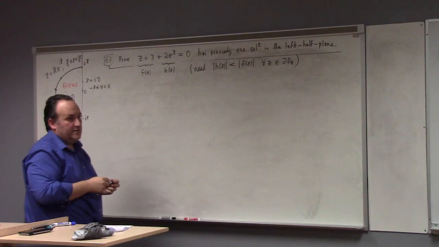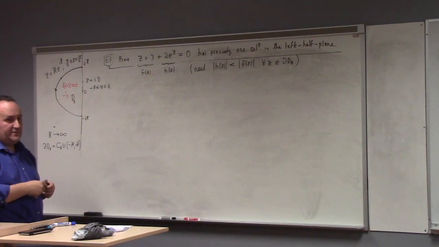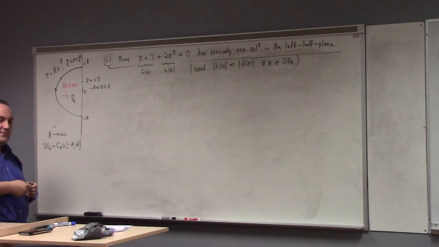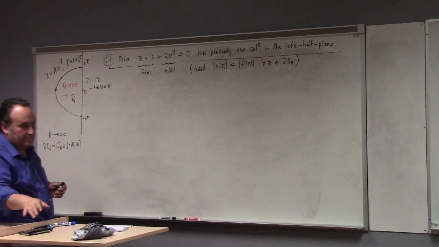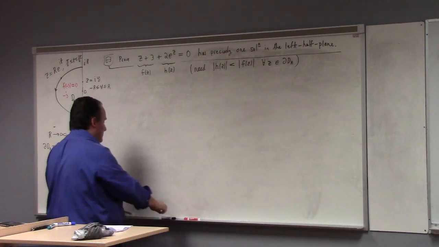Once we've shown that, then we can apply Rouche's theorem, because both f of z and h of z are entire functions, which means they're analytic everywhere. So once we verify the condition of Rouche's theorem, we can use it, and we'll have proved what we want to prove. Agree? Disagree? All right.